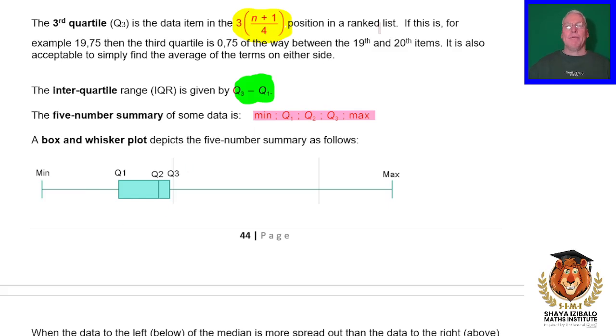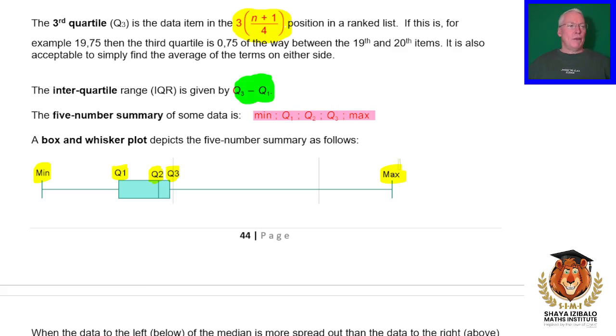Those numbers can be used to create a box and whisker plot. The left-hand whisker starts with the minimum, the right-hand whisker ends with the maximum, and then we've got a box in the middle. The box starts at Q1, the first quartile. The median is a line in the middle of the box at Q2, the second quartile, and Q3 is the right-hand edge of the box.